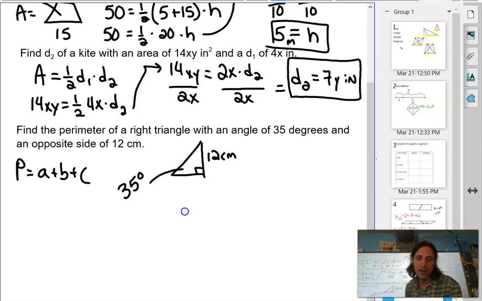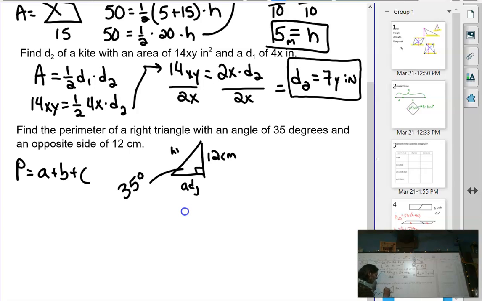Well, I know the opposite, and let's say I want to start with the adjacent side. This is going to be the adjacent, and the hypotenuse. So I'm going to say tangent 35 equals opposite 12 over A. And of course, those are going to end up switching places.